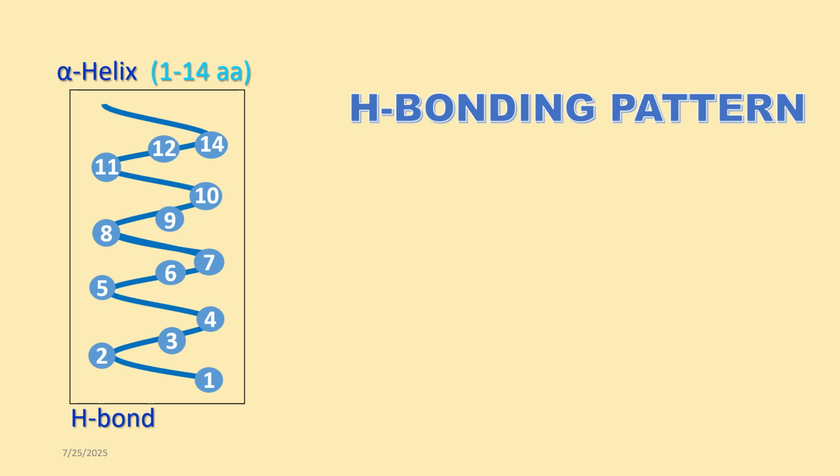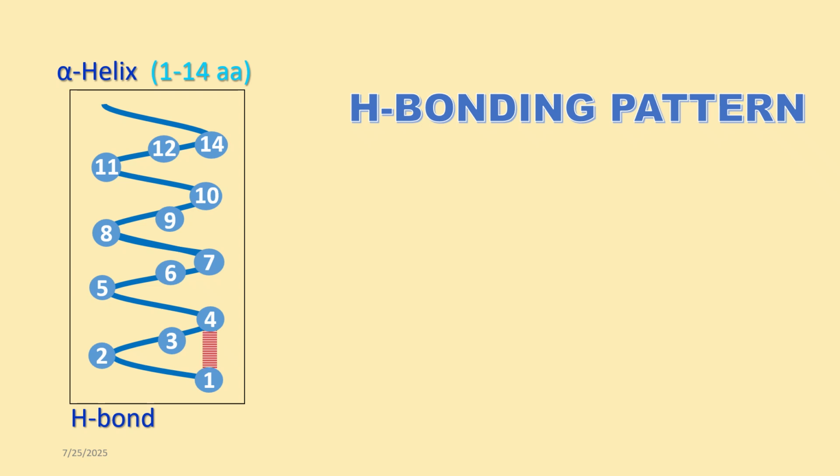Now coming to the pattern of hydrogen bonding, we know that in all secondary structures hydrogen bonding is the stabilizing force. However, they differ in the bonding pattern. For example, in case of alpha helix, to provide this unique spirality, the first and the fourth amino acid are hydrogen bonded in this molecule.